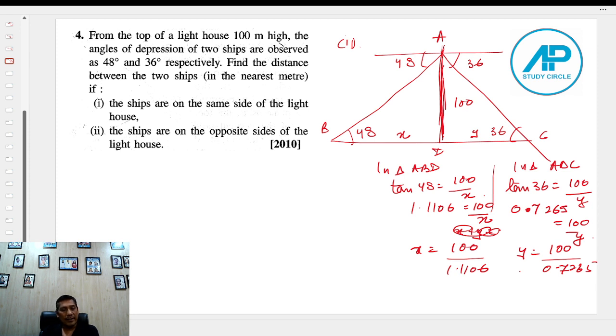So always remember, you've got to multiply, divide these values and find the value of x and the value of y, and simply add these two values. Ninety point zero four.